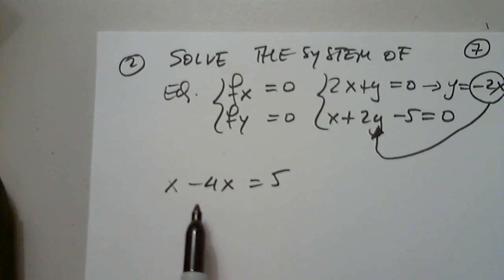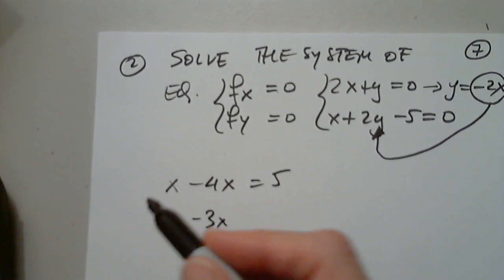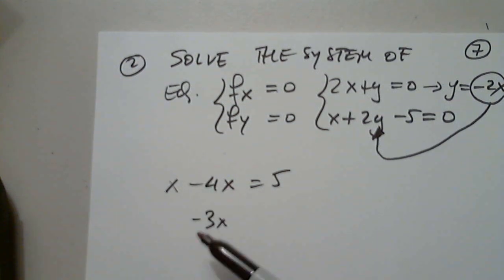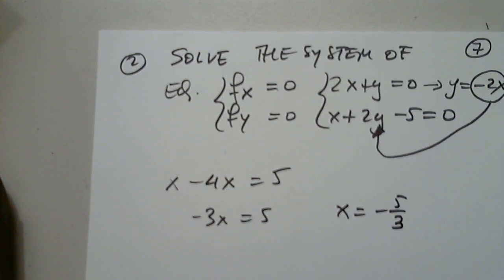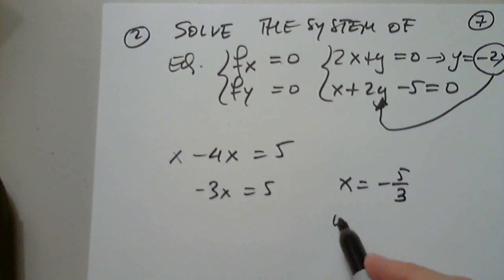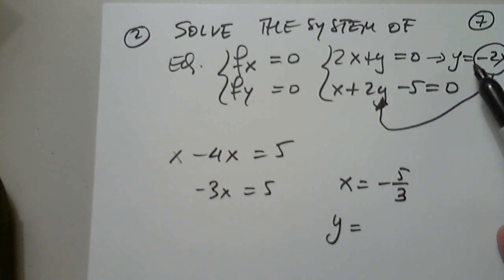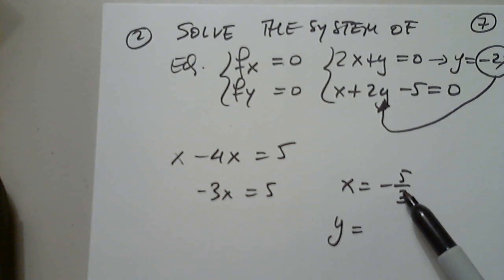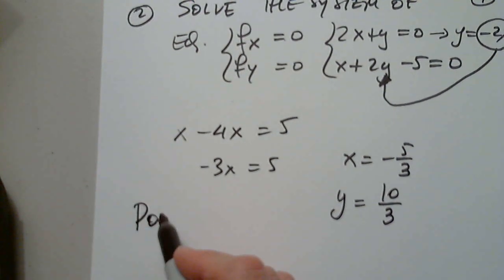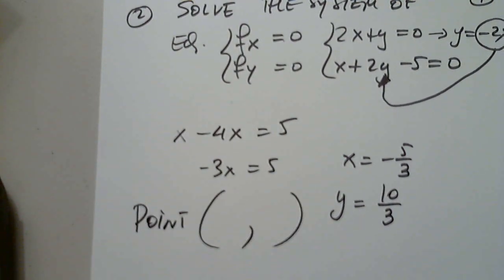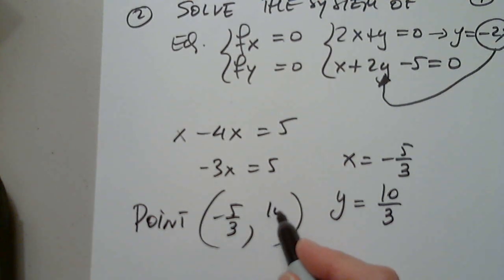So x minus 4x is negative 3x equals 5, so x equals negative 5/3. I need to determine y. Well, I know that y equals negative 2 times this. So this will be 10/3. I have a point. The point, which is a critical number or a critical point, is negative 5/3, comma 10/3.